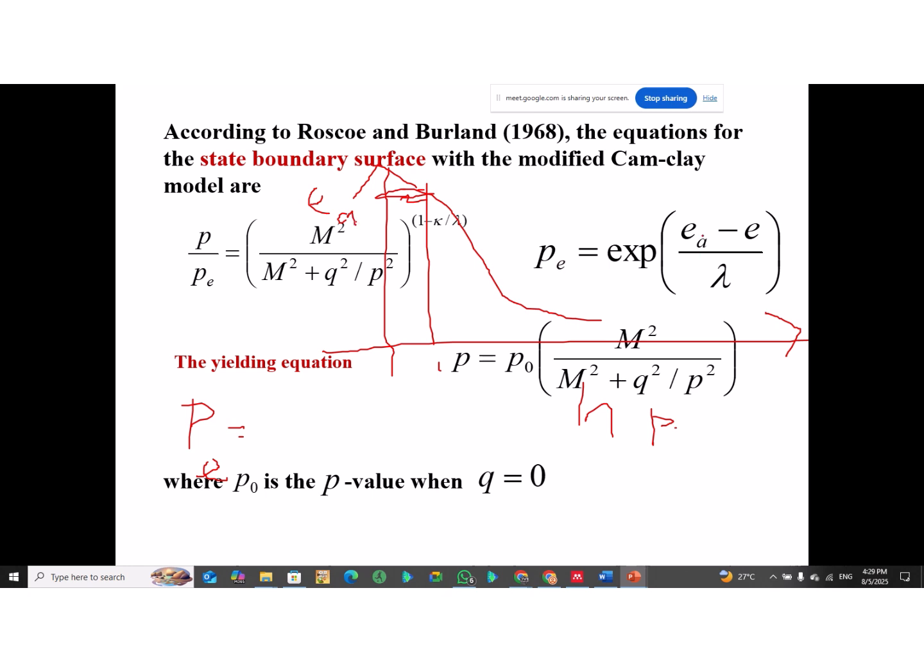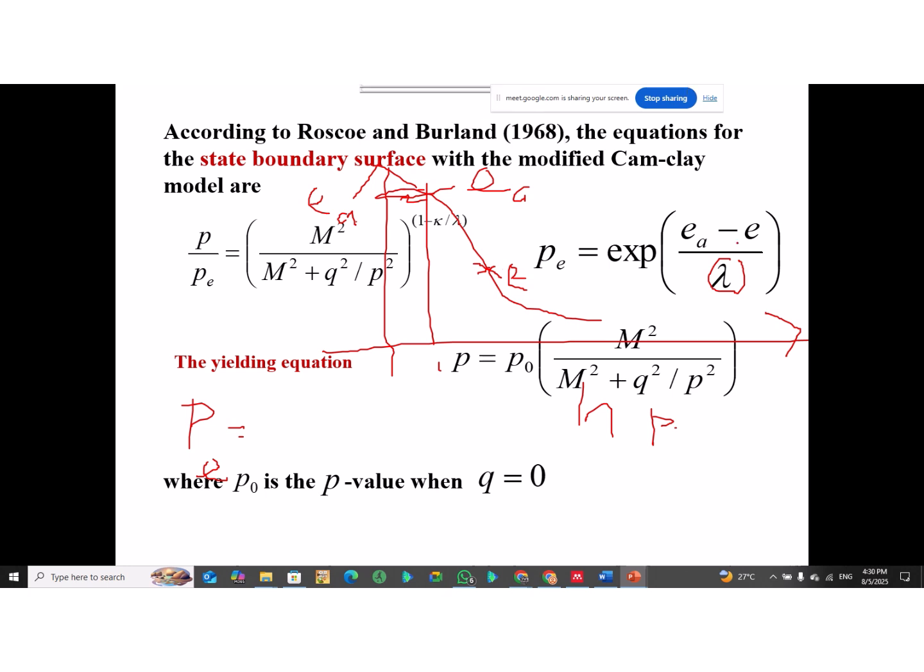So this PE can be determined if you have any other point, say E. This becomes EA, remember, is when the value of P is 1. Then you know EA, and that is E, and lambda is the coefficient, so you can determine the value PE. Basically, this expresses that once you do the experiment, you can relate the experimental values to the software input or the model input.